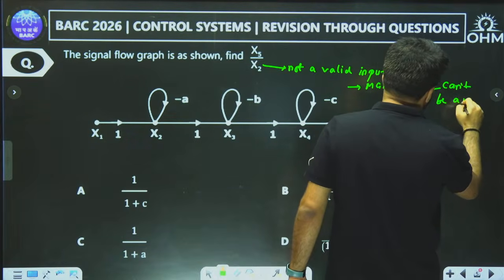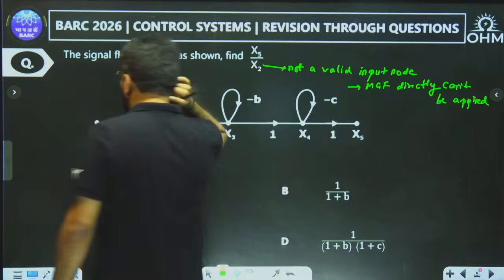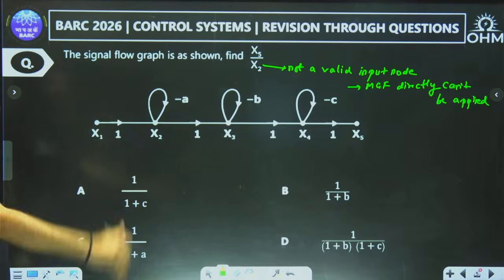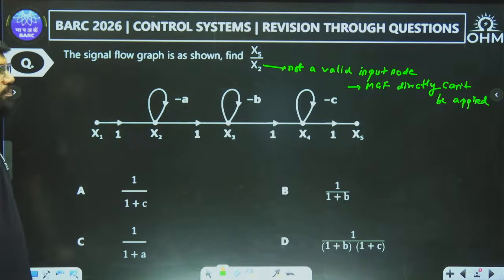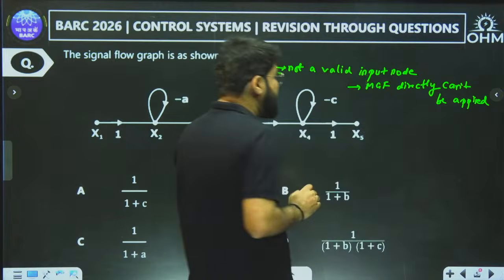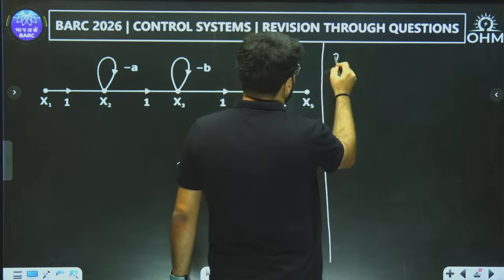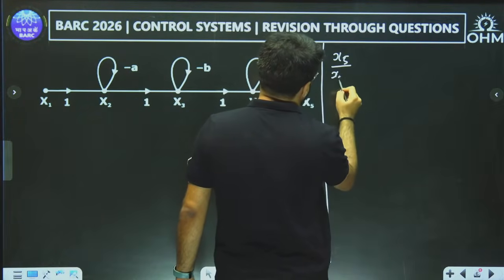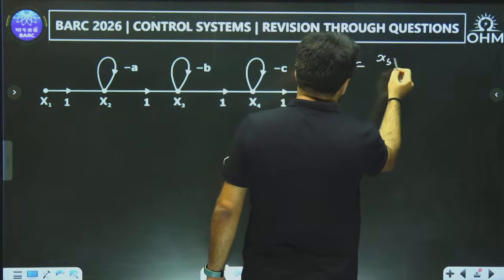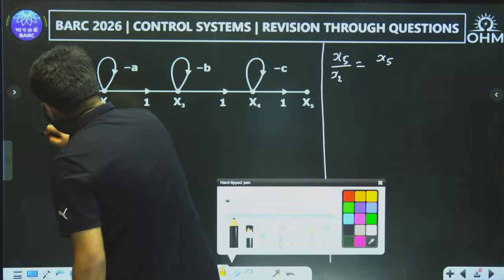So what do we do if MGF cannot be applied? Understand here. The question is x5 upon x2, and we do it this way. What is the valid input node? X1.